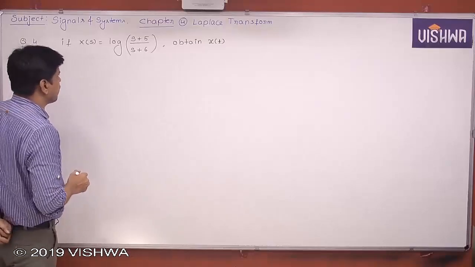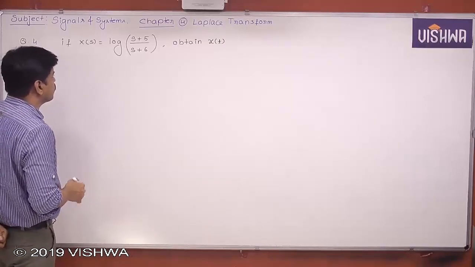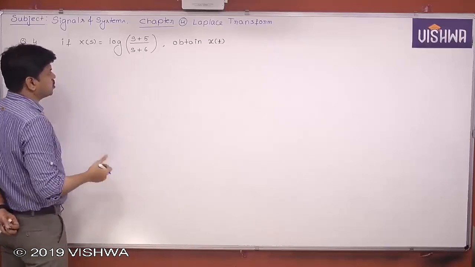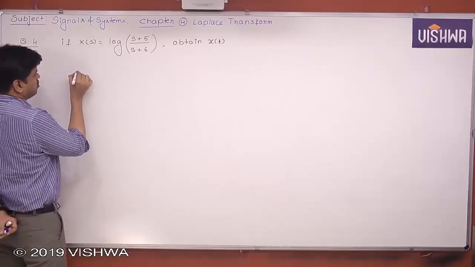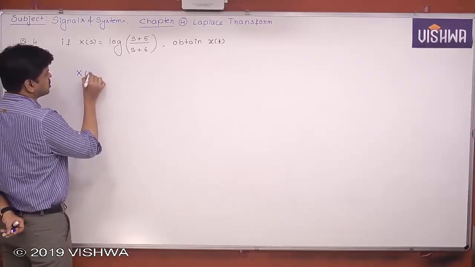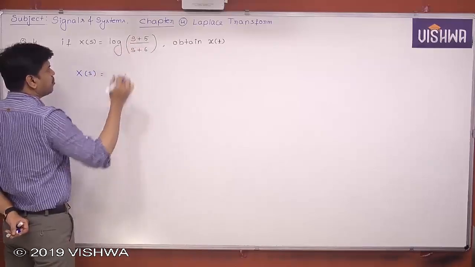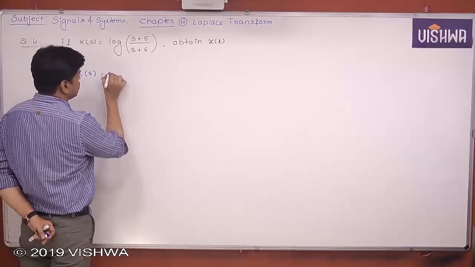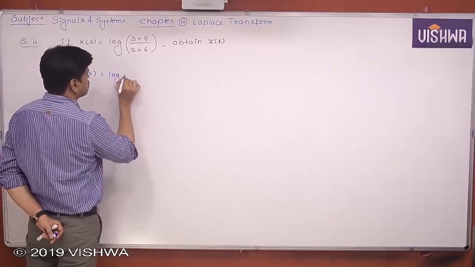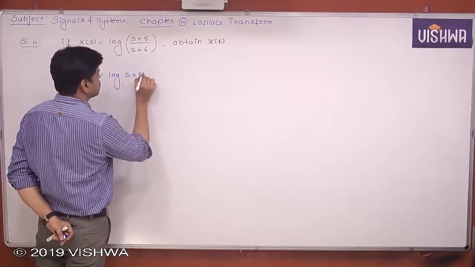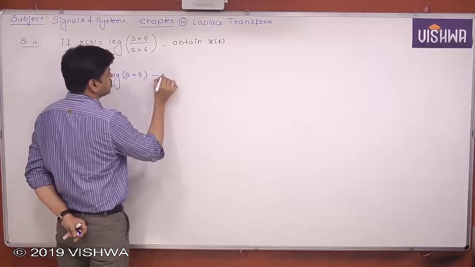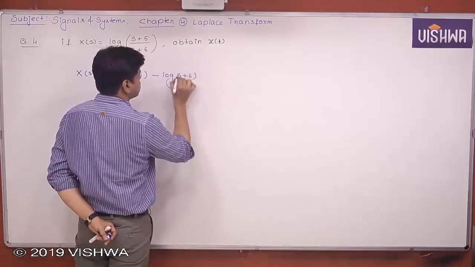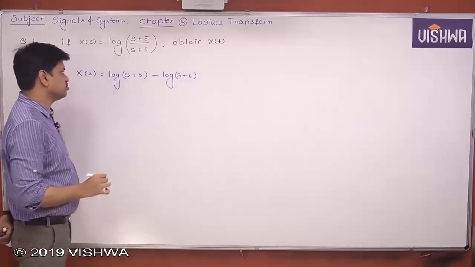Okay, listen. First, it is a logarithmic function. We don't know what exactly we can do. But we can write log a by b as log a minus log b. That is log s plus 5 minus log s plus 6. This is what we can write.